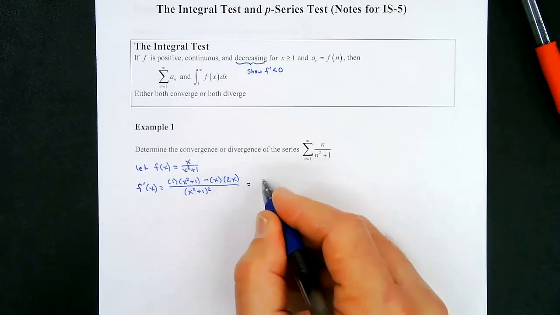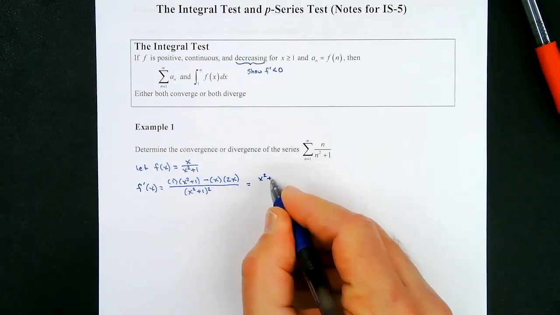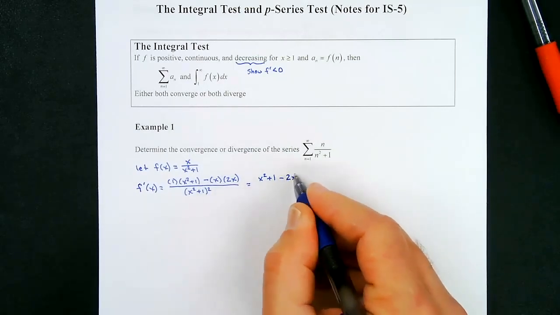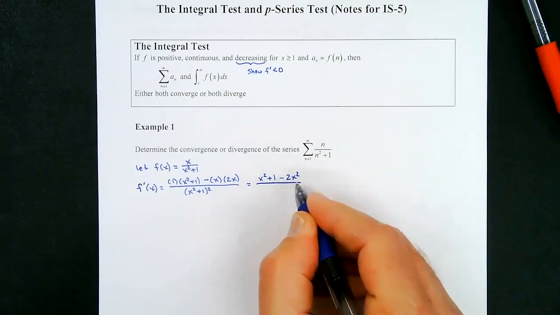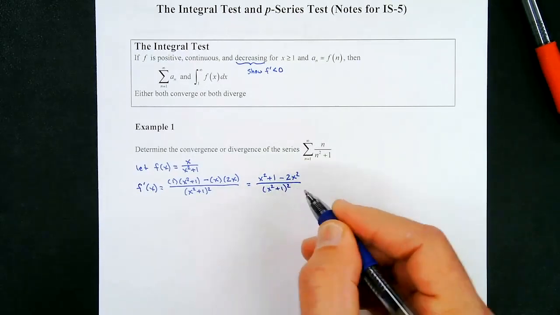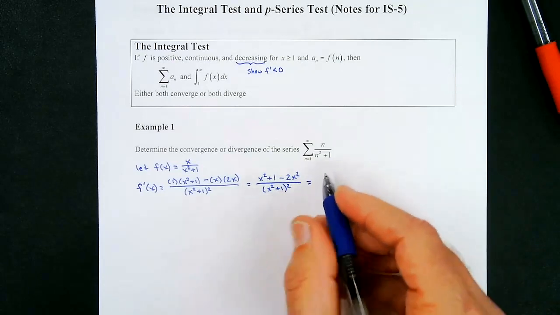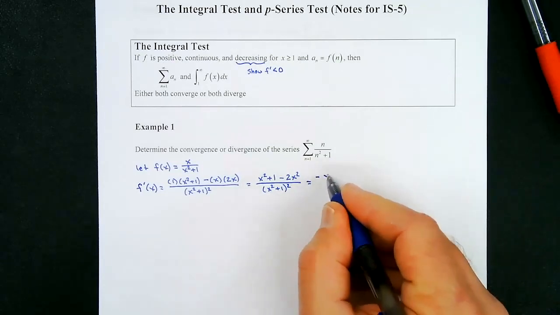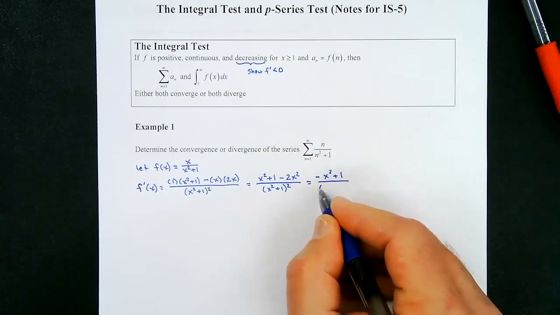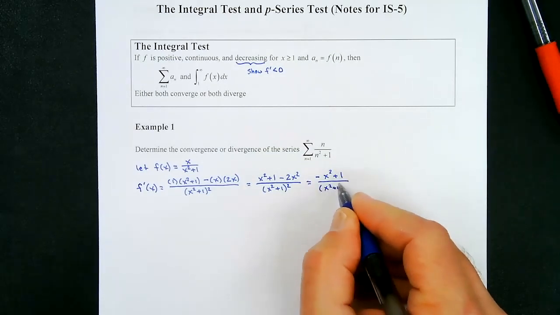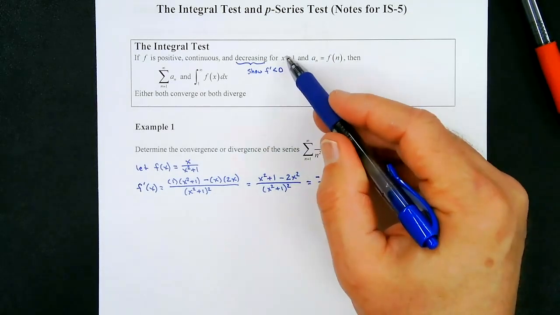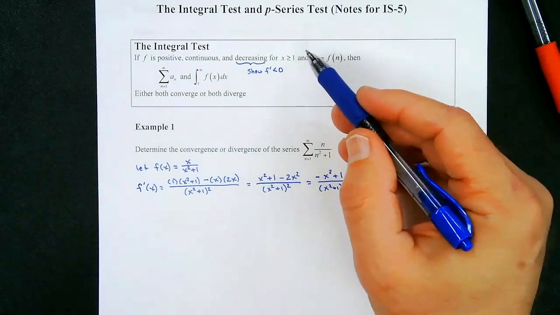Cleaning up the top, this becomes x squared plus 1 minus 2x squared, all over x squared plus 1 squared. Cleaning this up a little more, we wind up with negative x squared plus 1 over x squared plus 1 squared.